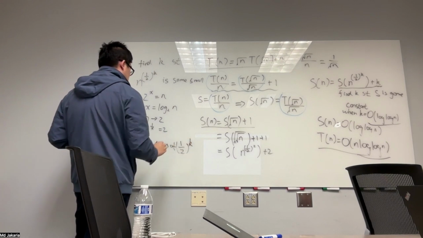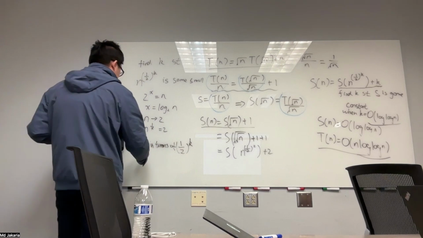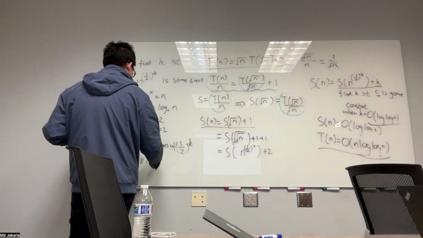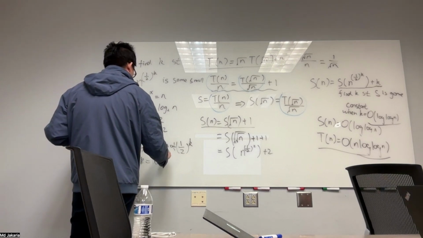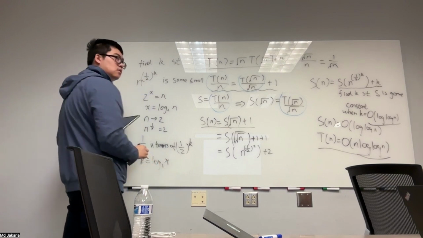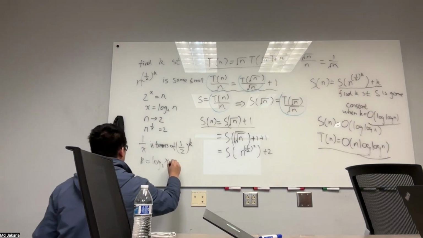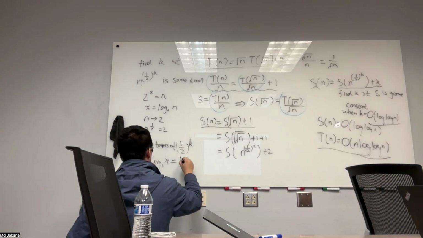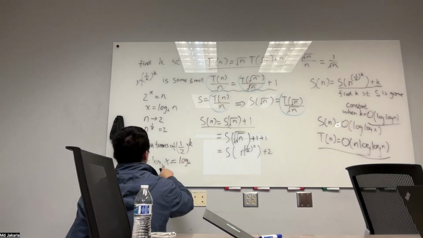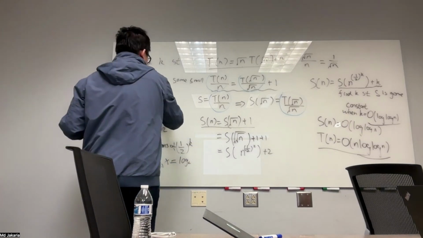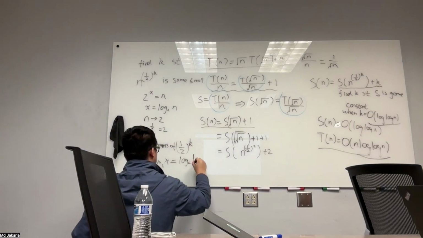Okay, right? So k should just equal log x. And then the next step is to remember what x is. x is log of 2 n, right?